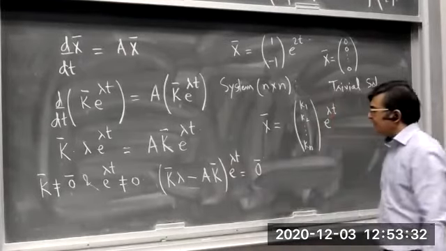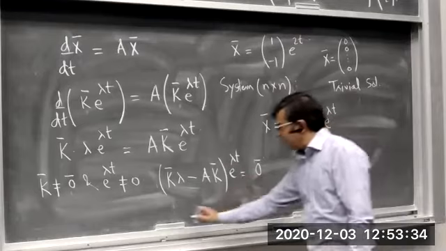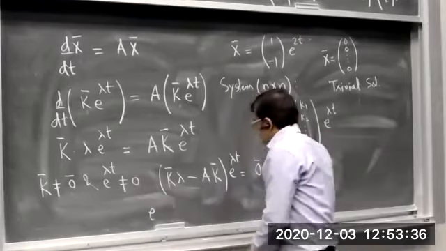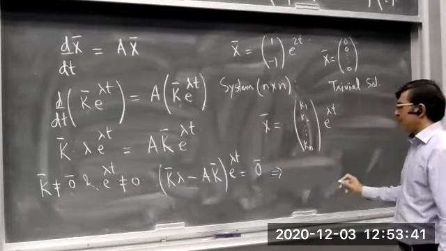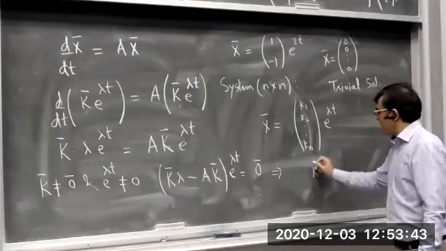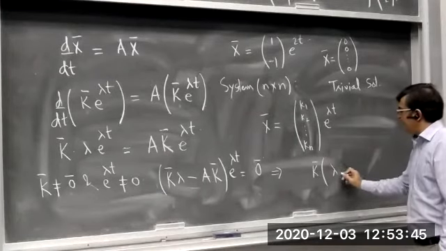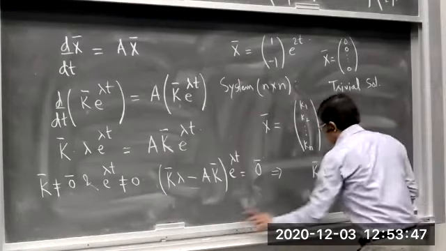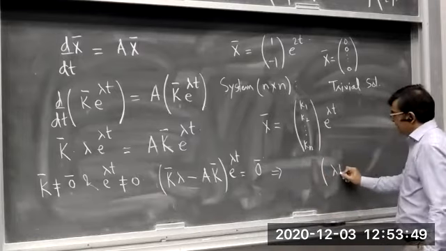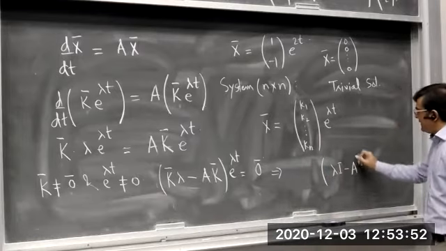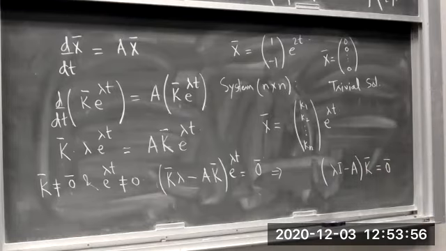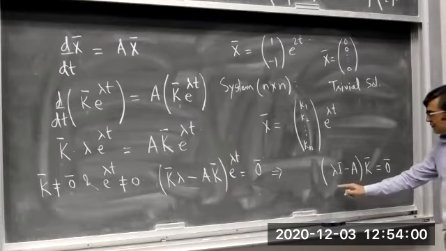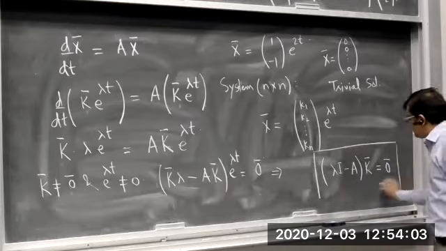Since the exponential is always non-zero, we can eliminate it, and we obtain lambda I minus A, times k, is equal to the 0 vector.